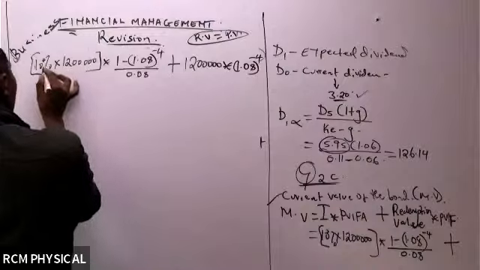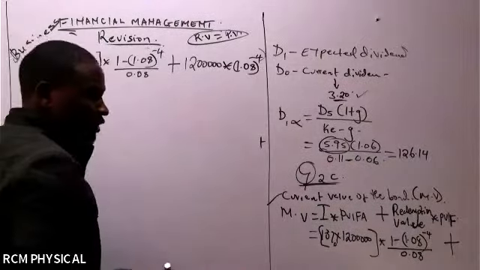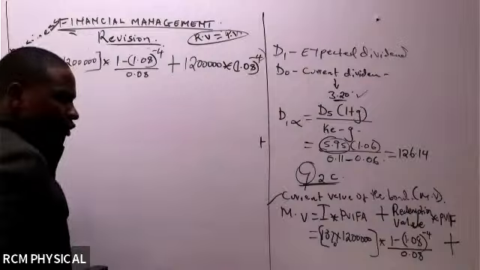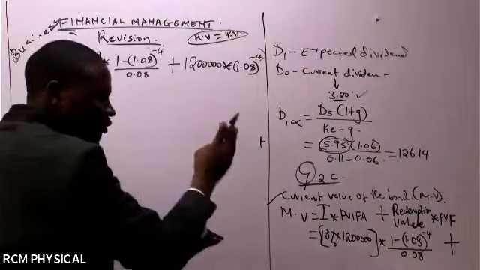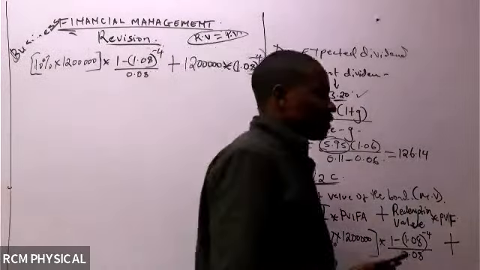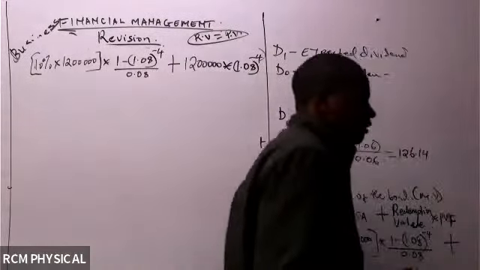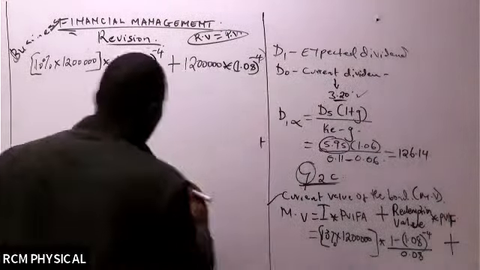How about the 10% of 1.2 million? It is good to go step by step. It is 120,000.